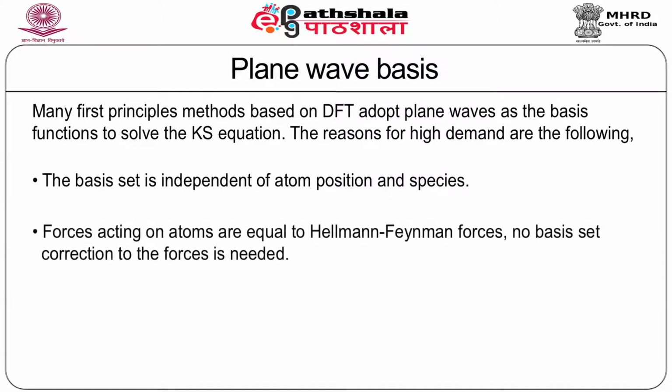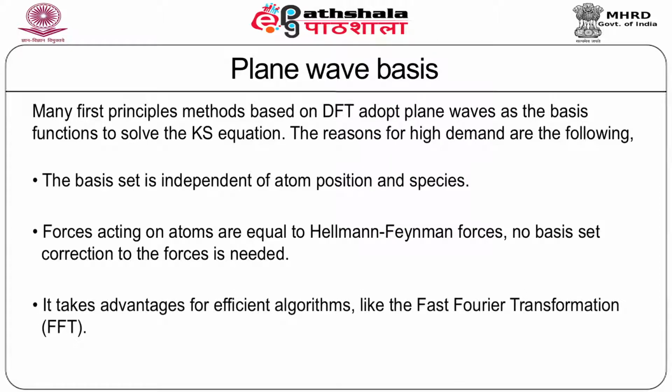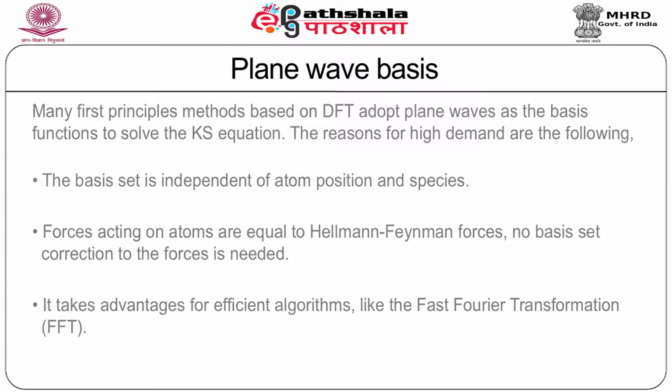Secondly, forces acting on atoms are equal to Hellmann-Feynman forces, thus no basis set correction to the forces is needed. Thirdly, and most importantly, it takes advantage of efficient algorithms like fast Fourier transformation.